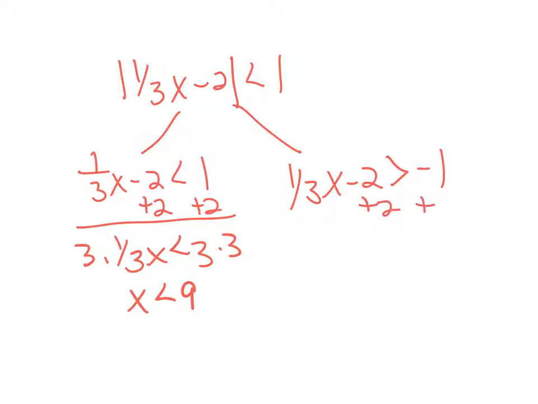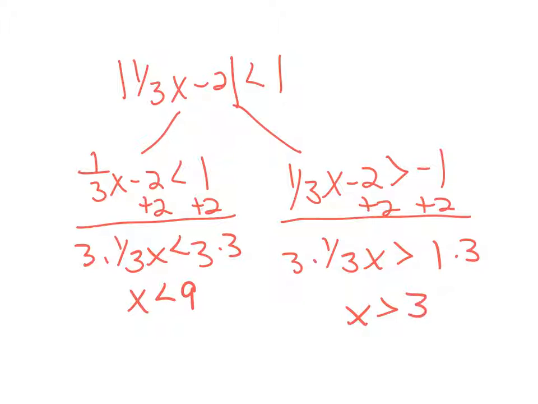We're going to add 2 and add 2. 1/3 x is greater than 1. Multiply by 3, multiply by 3, and x is greater than 3. So we put 3 on the number line, we put 9 on the number line. We have open circles. It says here that x is less than 9, so that's to the left.